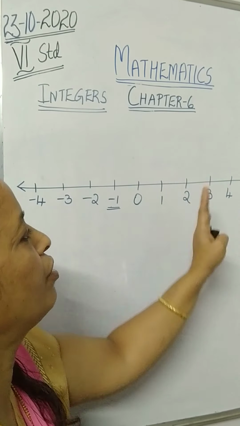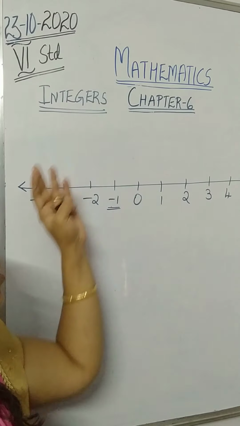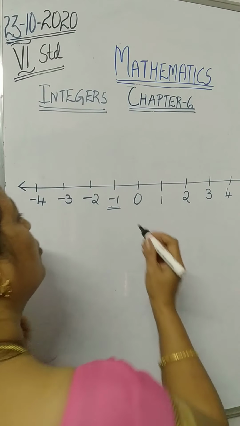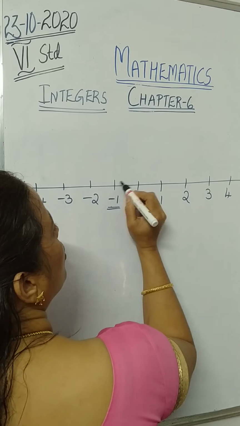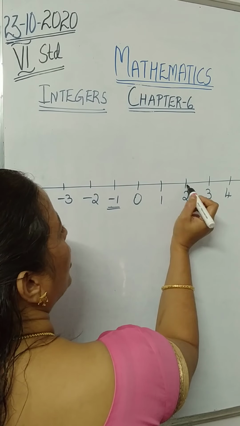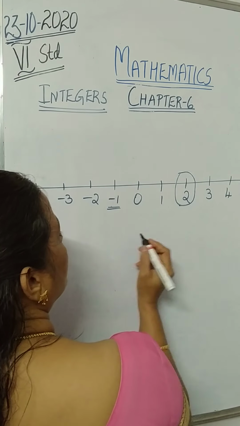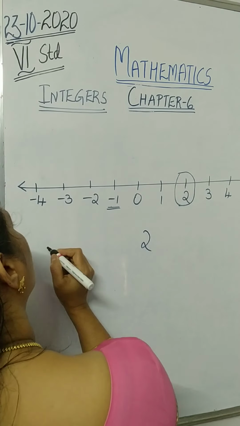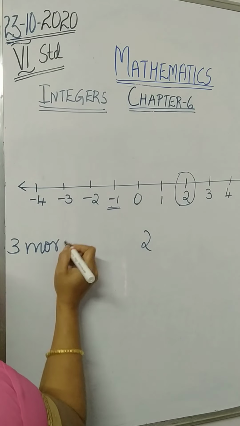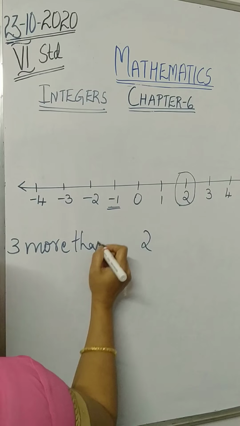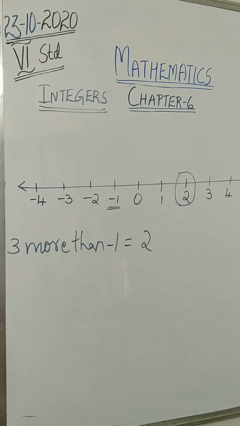When it is more, we will go to the right. When it is less, we move on to the left side. So, 3 more than minus 1 is, let us see, 1, 2 and 3. So, which is the number which is 3 more than minus 1? That is 2. So, 3 more than minus 1 is 2. That is plus 2.